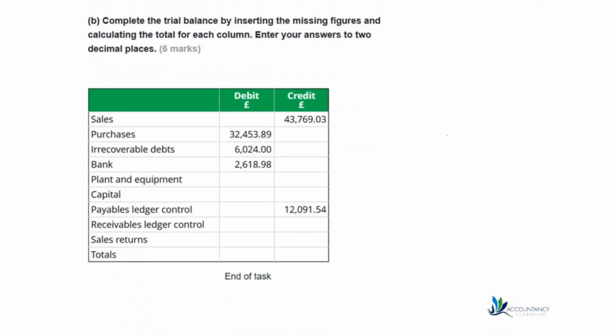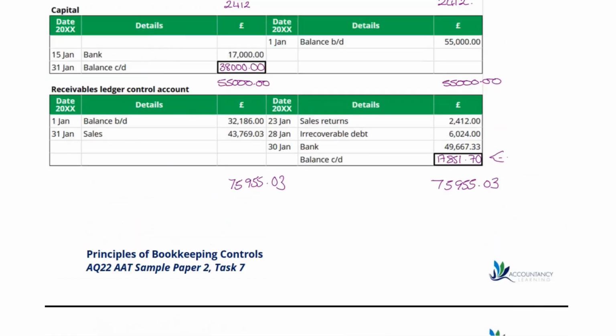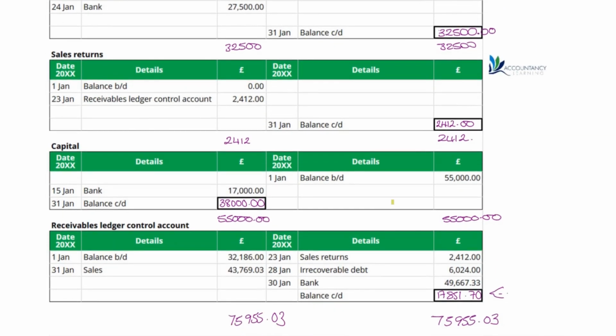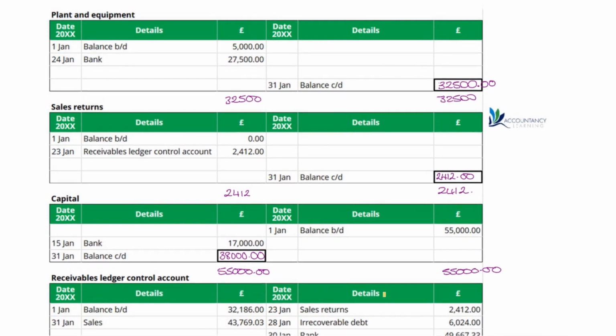And then in part B, it asks us to complete the trial balance by inserting the missing figures and calculating the total for each column, again answering to 2 decimal places. So this is really important. So let's work from the top. We had 32,500, which is our plant and equipment.